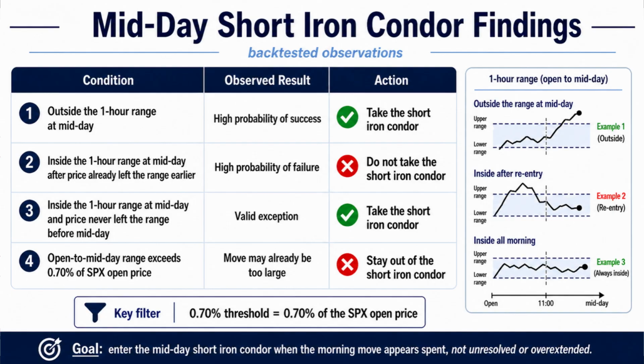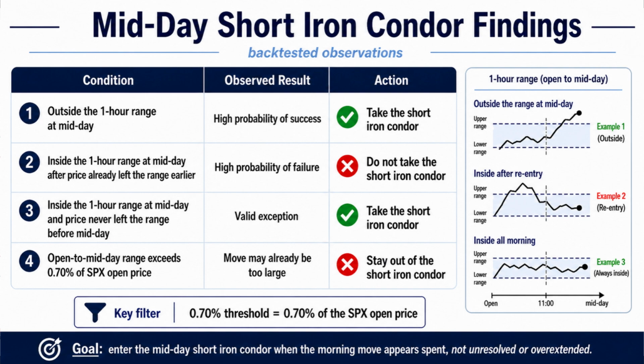And a fourth data point I looked at was the range from the open of that day up to the time of the trade at approximately 11:45 Central Standard Time. And if that value was greater than 0.70% of the current price, or actually specifically the opening price of that day, we would stay out of the trade then as well.